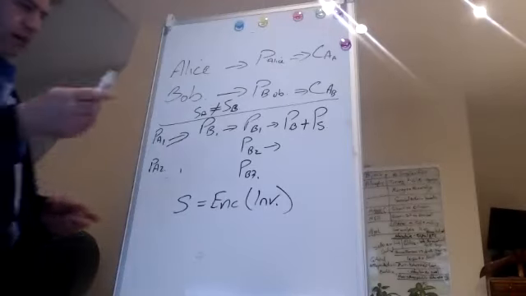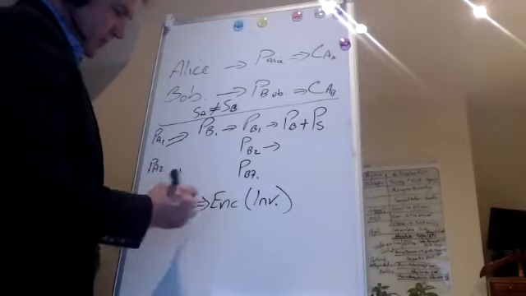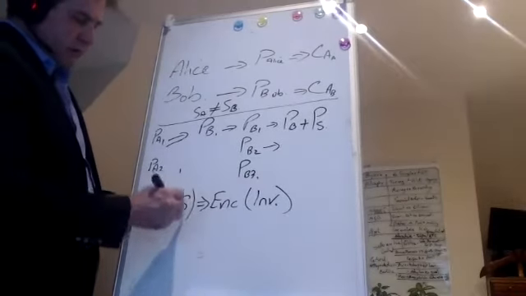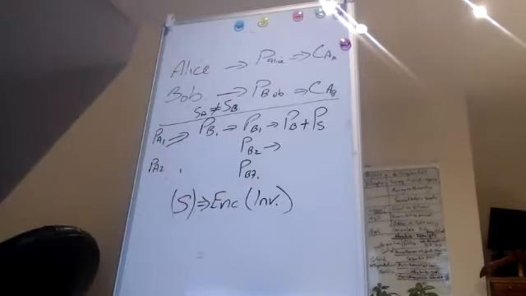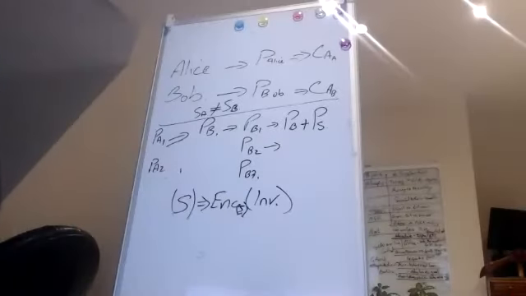Is this? No. Oh, okay. Sorry. We've got our Diffie-Hellman S, and let's write it better. So encrypted, using S, the invoice. I see.